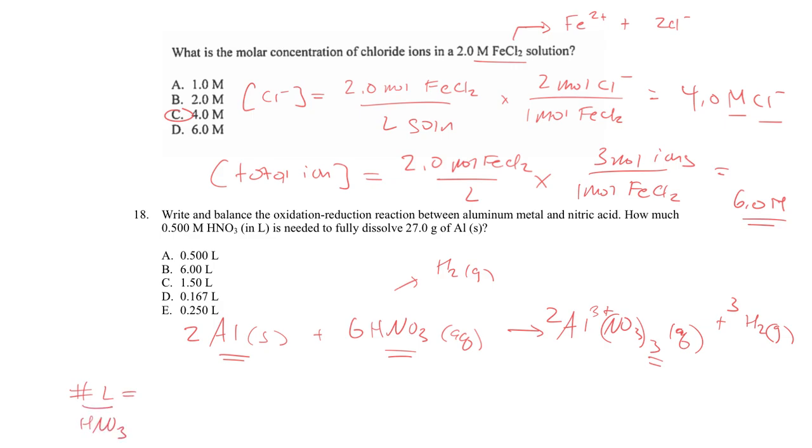Let's see if we can use dimensional analysis here. So I'll start with my 27 grams of aluminum. Now it looks like I need to do a mole to mole conversion. So usually in a stoichiometry problem, you're going to have a gram to mole or a liter to mole conversion with the molarity. So aluminum, molar mass, 27.0 grams per mole.